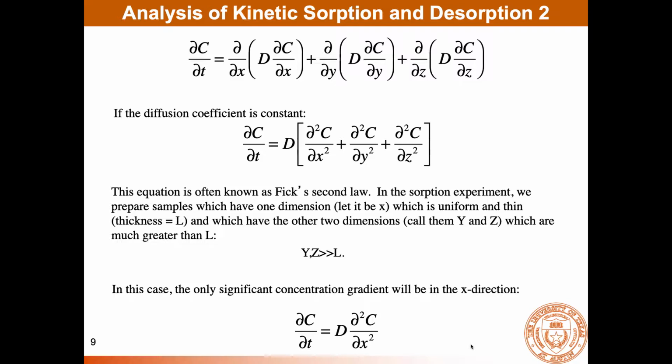And so one would typically set up this experiment in the form of thin sheets. If the x direction is into the face of this sample, the faces over which mass enters the sample primarily for transport in the x direction are the large faces.